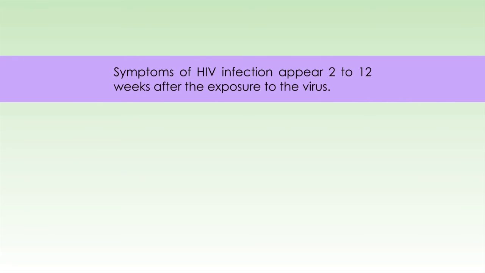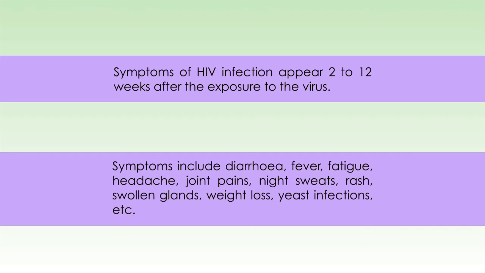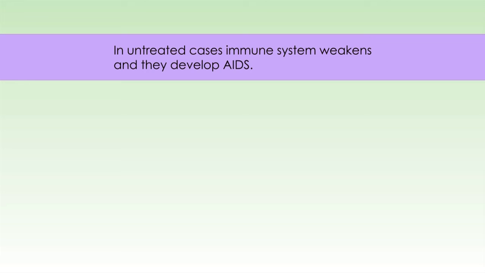Symptoms of HIV infection appear 2 to 12 weeks after the exposure to the virus. Symptoms include diarrhea, fever, fatigue, headache, joint pains, night sweats, rash, swollen glands, weight loss, yeast infection, etc. In untreated cases, the immune system weakens and they develop AIDS.